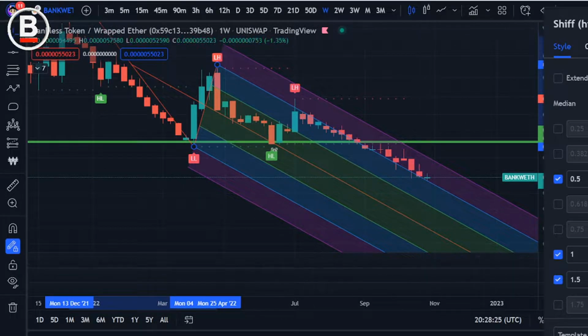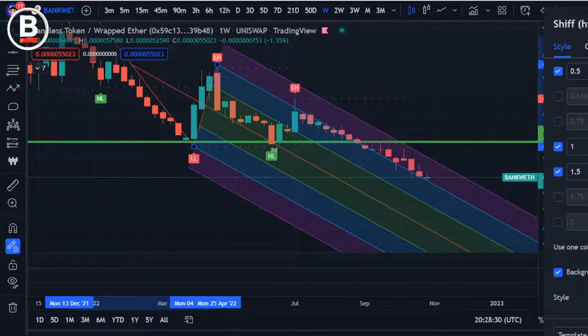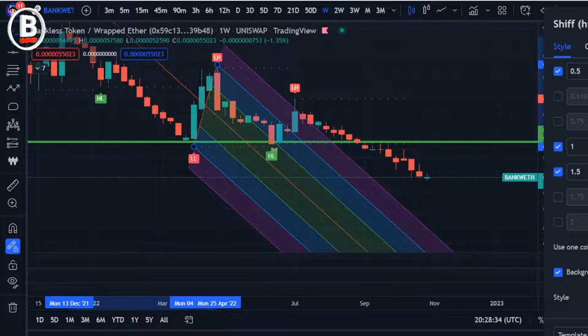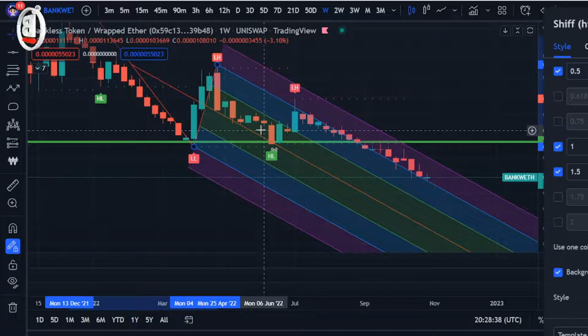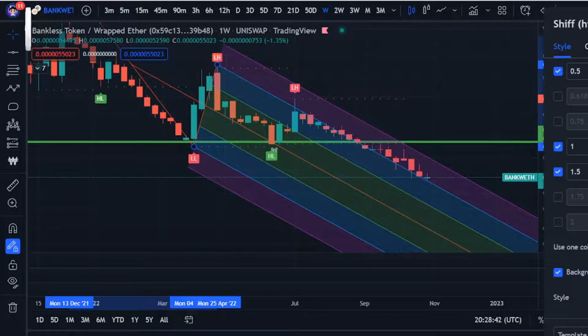There are different types of pitchforks that you can do. The modified Schiff is, to my understanding, a pitchfork that you use during corrections.